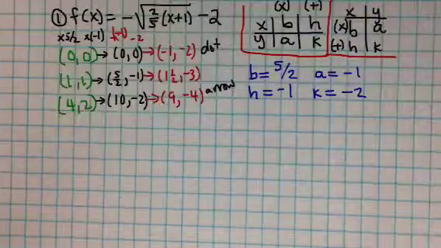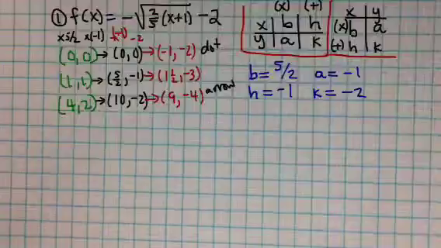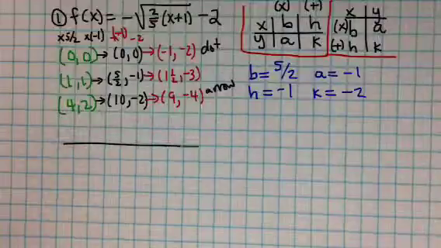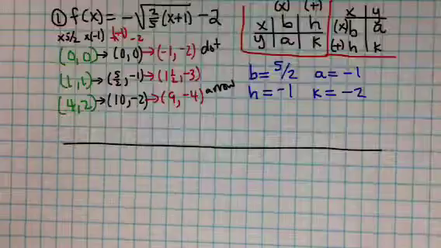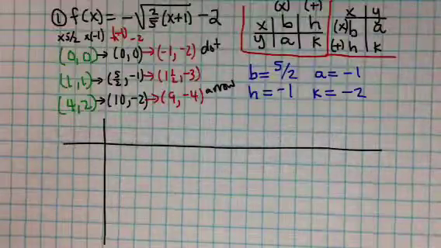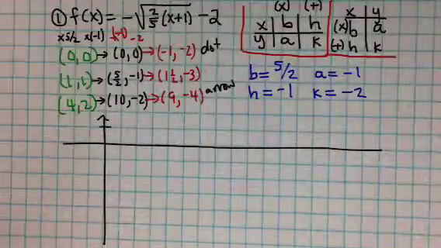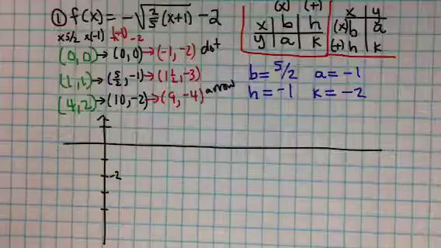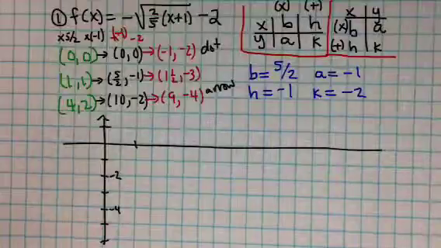So let me draw the x-axis about here to give myself enough space. And then let me draw the y-axis closer to the left side so that I have enough room for 9. So 1, 2, I'm counting by ones every mark.